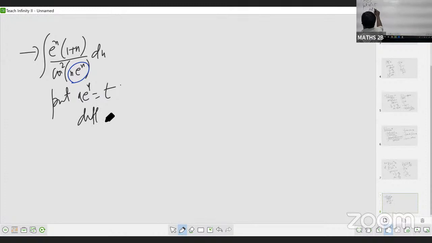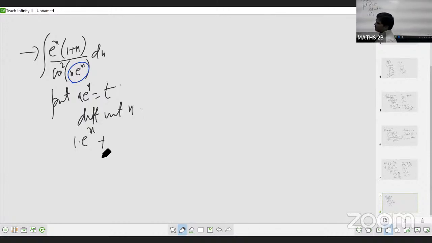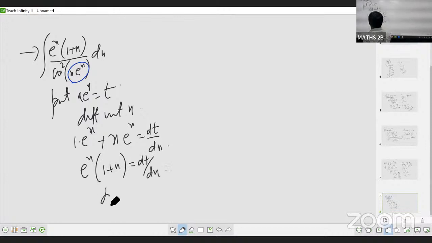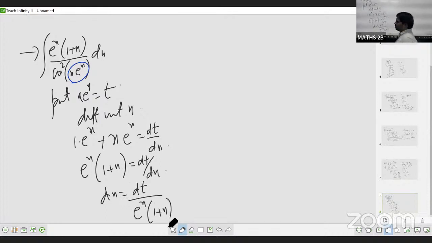Now differentiate with respect to x. X derivative is 1, e power x as it is, plus x as it is, e power x derivative, and that is dt by dx. E power x common, 1 plus x, dt by dx, and dx is equal to dt by e power x into 1 plus x.